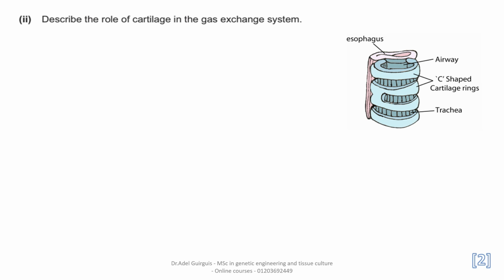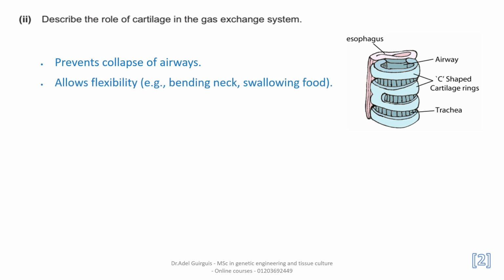This is number 1. Also, it allows flexibility for bending our neck and swallowing food, where the esophagus makes peristalsis motion during swallowing. This allows freedom of the esophagus to move by peristalsis. C-shaped cartilage rings allow widening during inhalation and exhalation, according to the depth of breath.